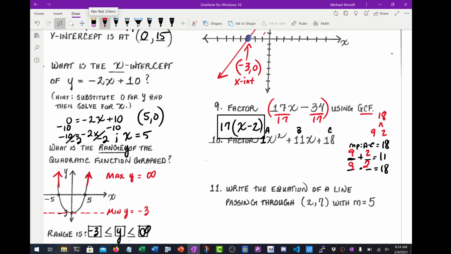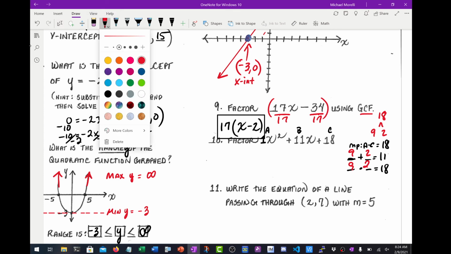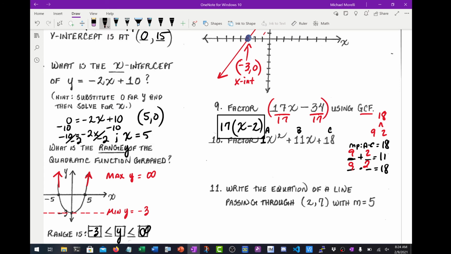So if I was going to factor this, here's what I would do. I would write open parentheses, close parentheses, open parentheses, close parentheses, and I'd write x plus 9 times x plus 2.